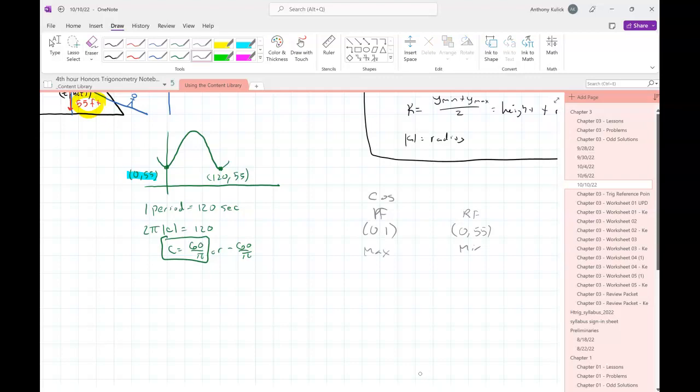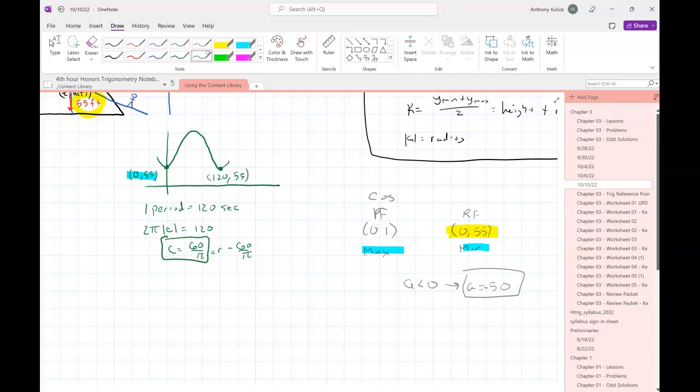Why is it cosine? Because I have an extrema that I'm trying to map onto, and it's going to be easier to do that with cosine because I can pick a point from the parent function that's an extrema whose x-coordinate is 0. Because these are opposite, going from a max on my parent function to a min on my resultant function tells me the value for a is negative. So a should be negative 50.